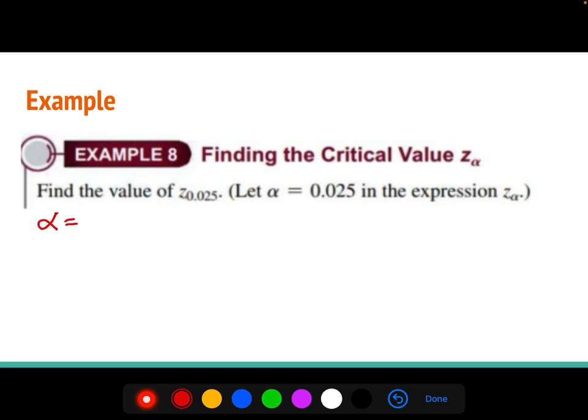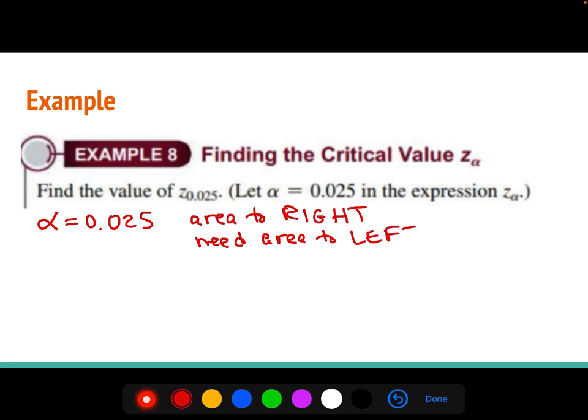All right. So what did we just read? We know that alpha is 0.025, and that's the area to the right. But we use a chart, so we need the area to the left.